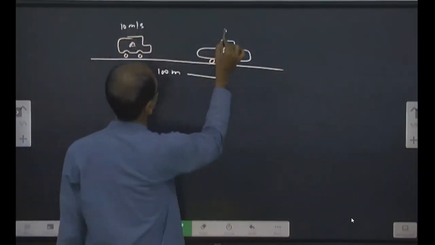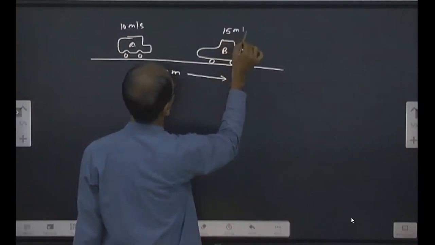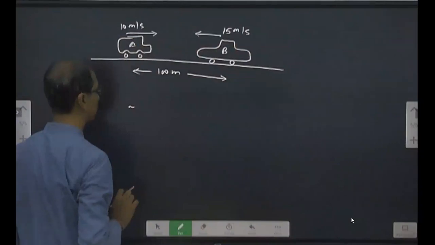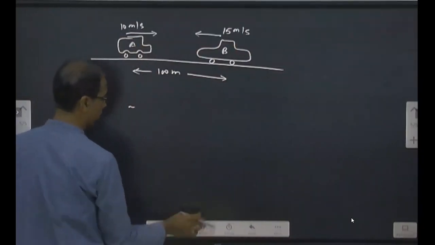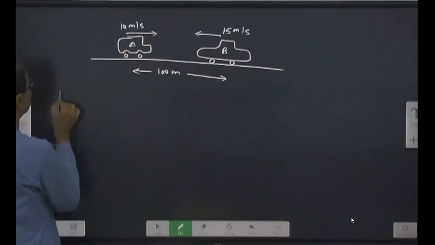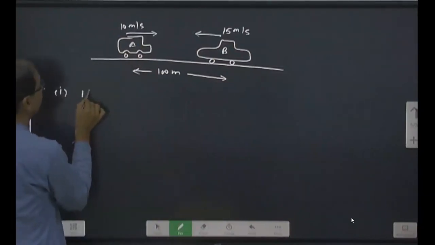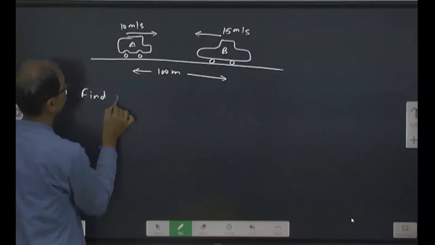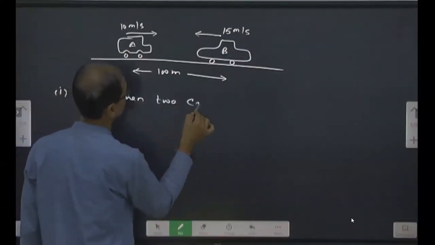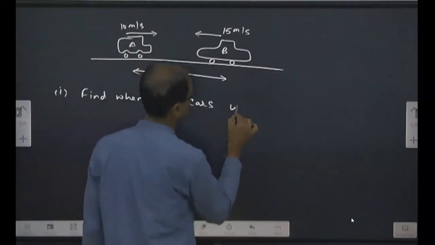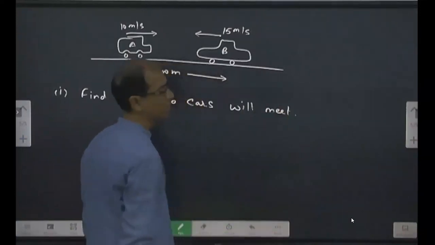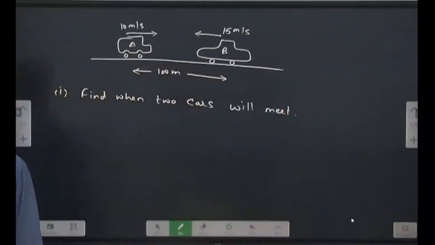This is coming with 15 meter per second. In this direction. This is in this direction. Now what I want is to directly find when two cars will meet.